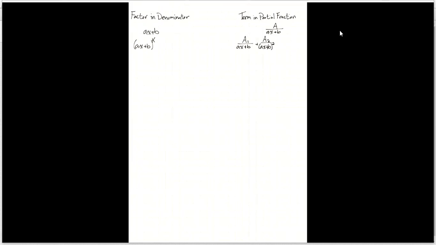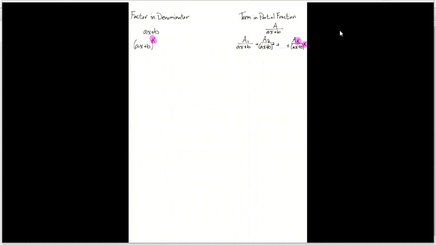I'm going to keep adding until I get to that power. So depending on what k I have over here, I'm going to go to that power in the denominator. I'm going to add that many things. And we'll do a practice example of this later.